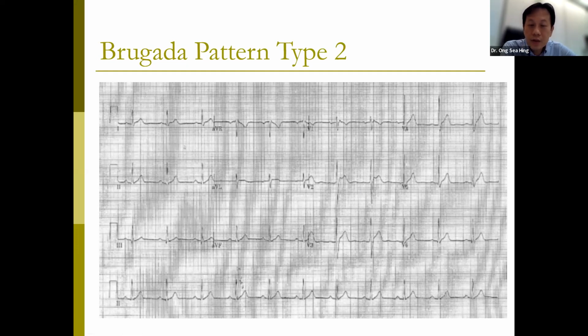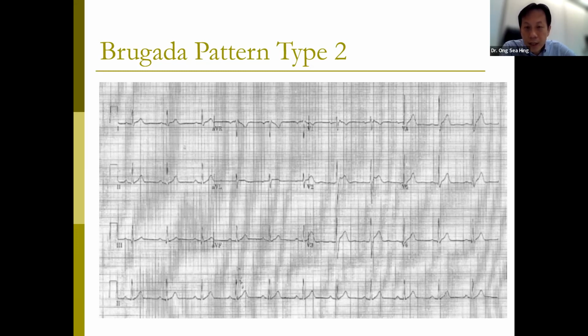If that is the case, then you put in an implanted defibrillator. Okay. If your flecainide challenge test is normal, it doesn't go into type 1 pattern, then you just leave them alone. Okay. If you see type 2 Brugada pattern and the patient is totally asymptomatic, patient has no family members with sudden cardiac death, then many times we just leave them alone. We don't even do the flecainide challenge test.